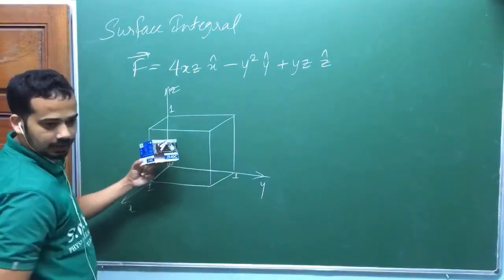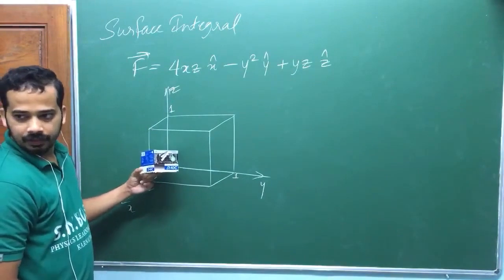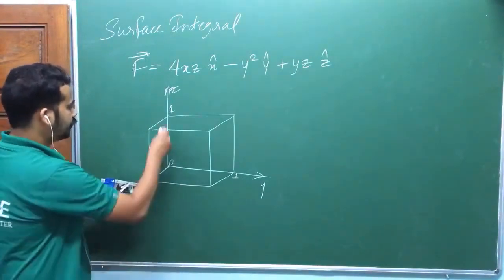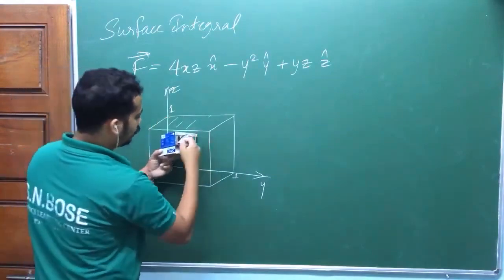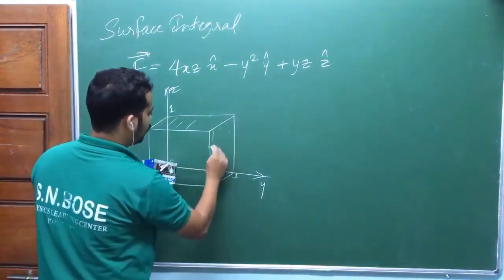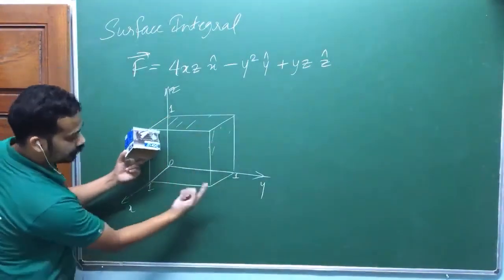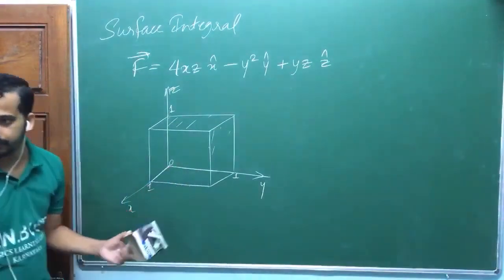This is open here. These are the surfaces. So that is this surface. This is this surface. So this is open here. That's what Griffiths mentioned.